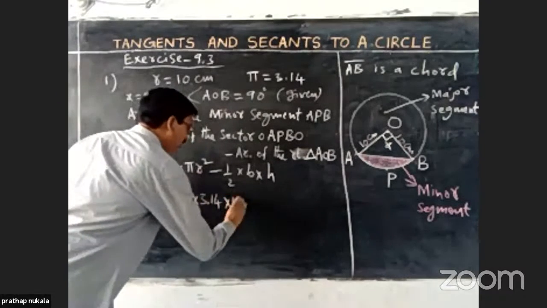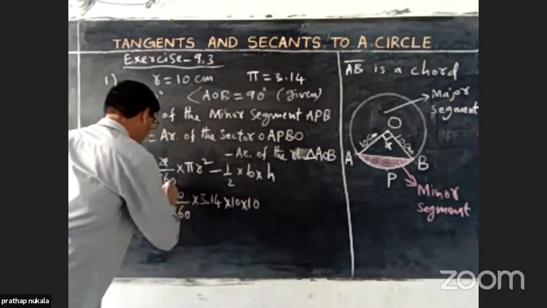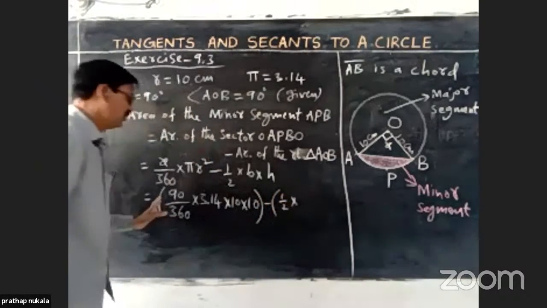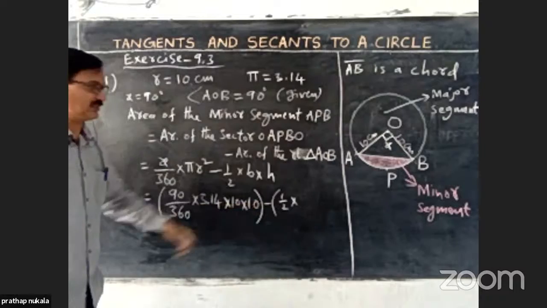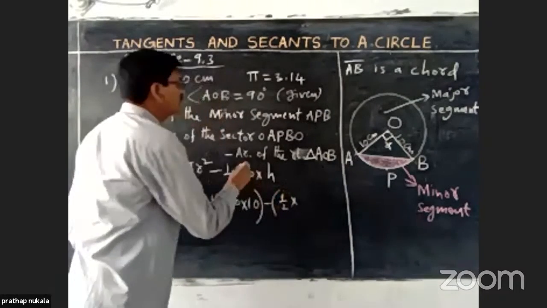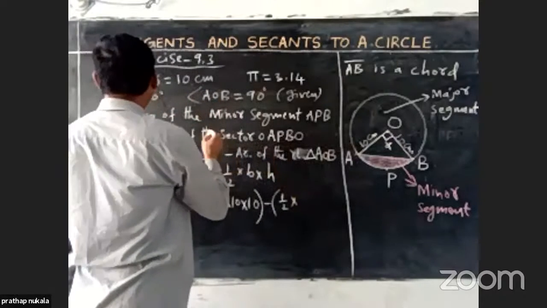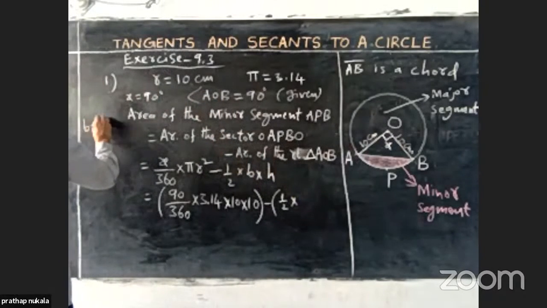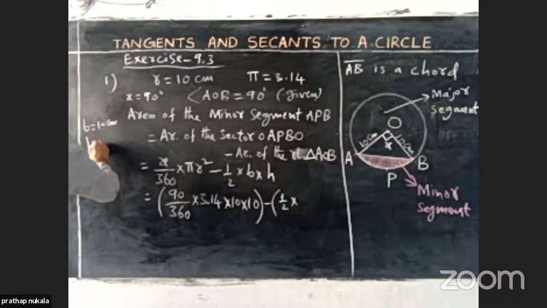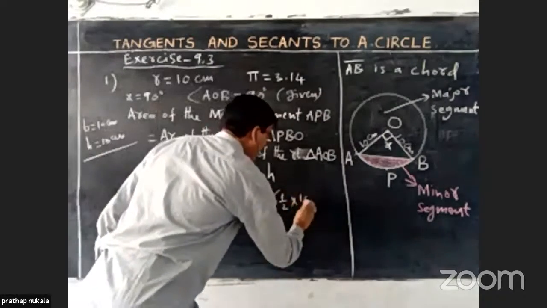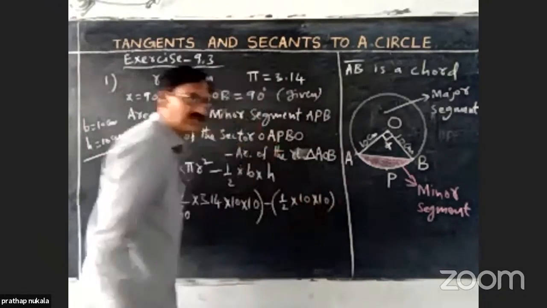What is r? 10 into 10, minus half into, just write in parenthesis, small brackets, half into, what is the base? Base is 10 centimeters. Here b equal to 10 centimeters and height equal to 10 centimeters. B equal to 10, height equal to 10. Okay, 10 into 10. Is it clear?